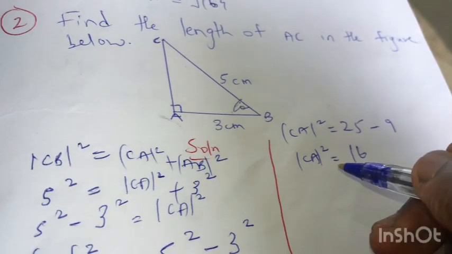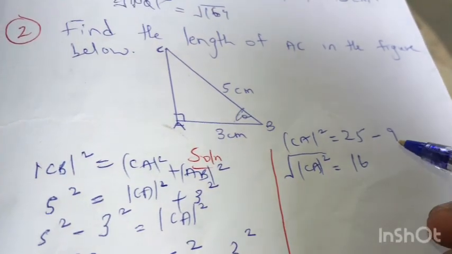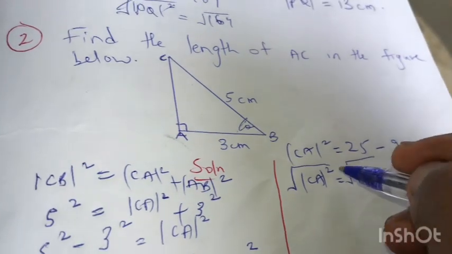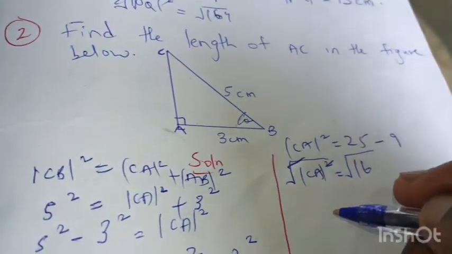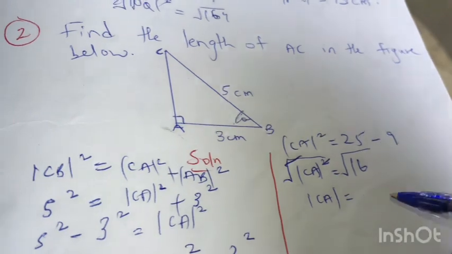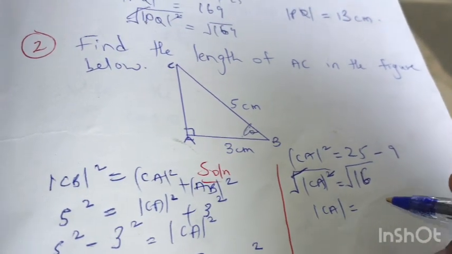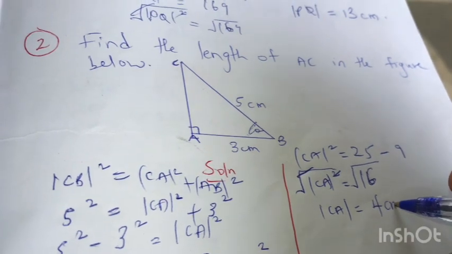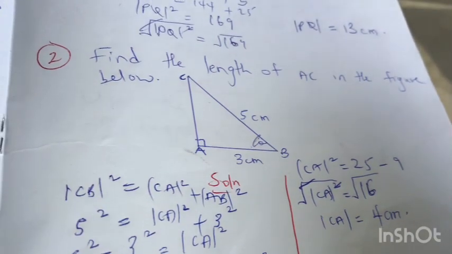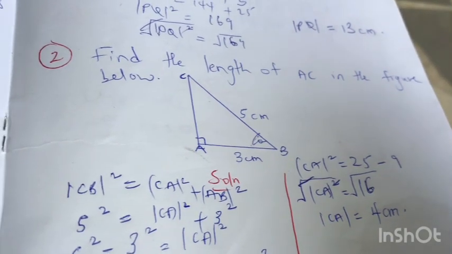How do I find only CA? I square root both sides so that the square root cancels the square. Now CA is the square root of 16, which is 4. So 4 centimeters will be my CA.